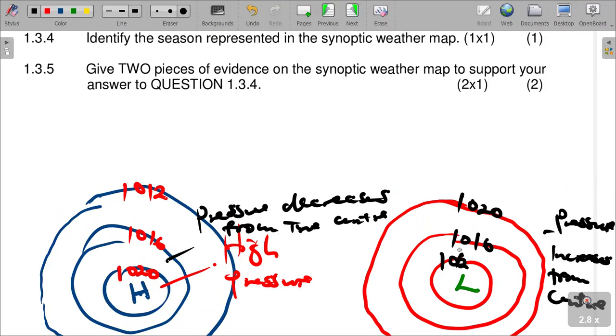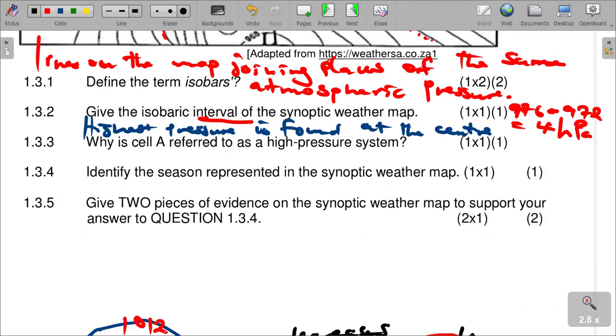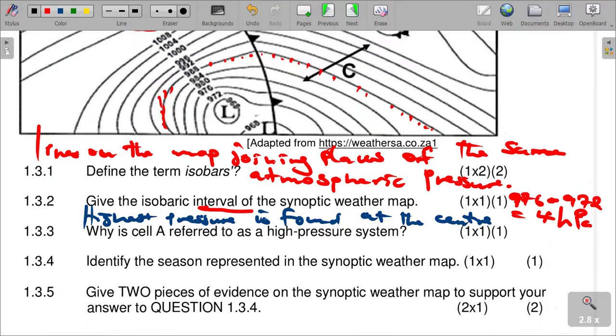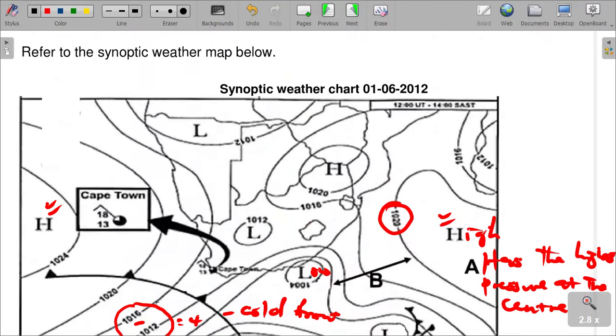Let's go to the next question: identify the season represented in the synoptic weather map. How do we know the season? We can use the date given on the map.